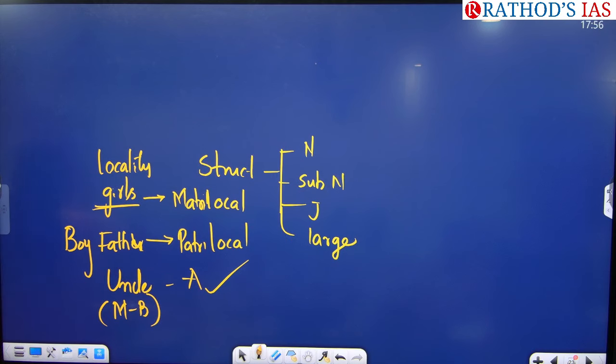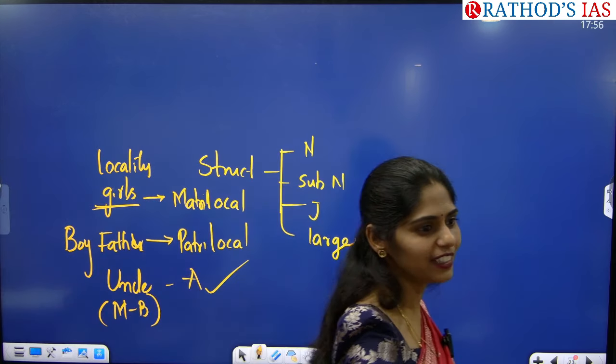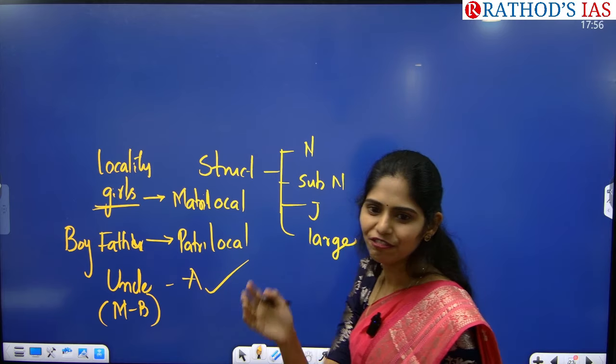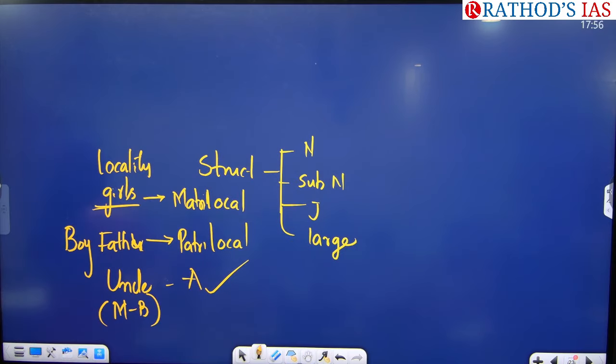And based on authority there is also one kind of family. If the mother is powerful, that is called a matriarchal family. If the father is powerful, that is called a patriarchal family. Yeah, matrilineal. So this is about types.